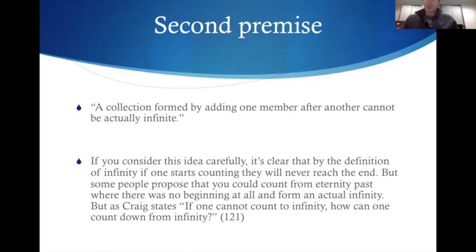There's no explanation that can be given here, because no matter what time they stopped counting, you still have an infinity in the past. And remember, since infinity is the same number no matter how much would be added to it, no matter how far you go into the future, it's still the same amount of time that this person has counted in the past, right? It's still infinity. And that's the problem here.